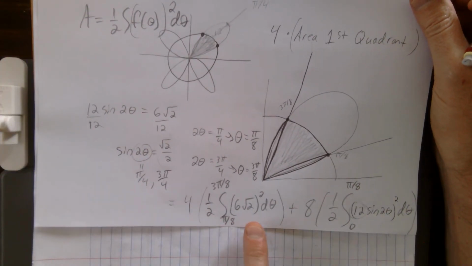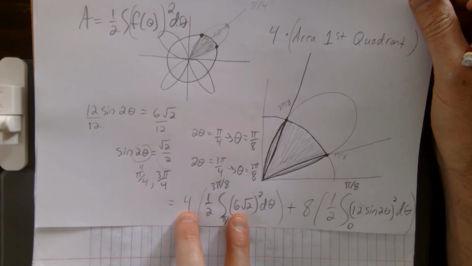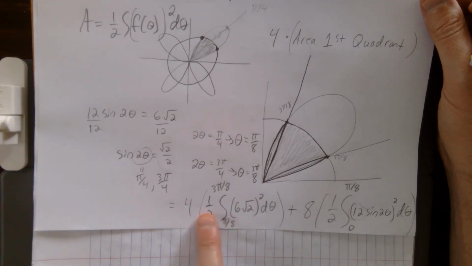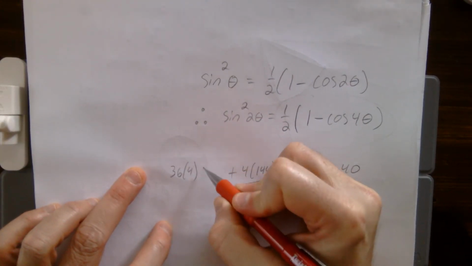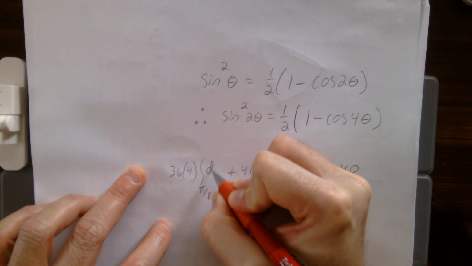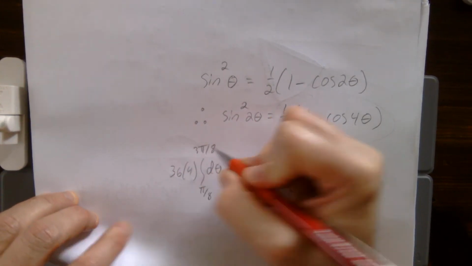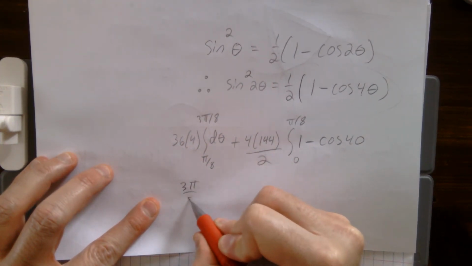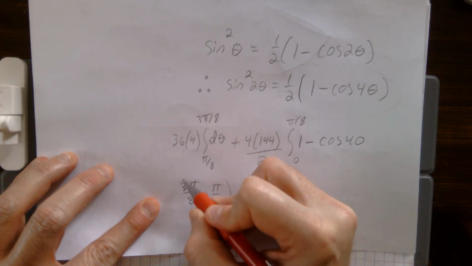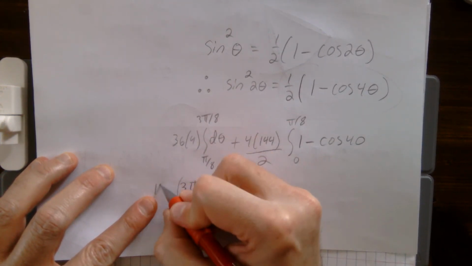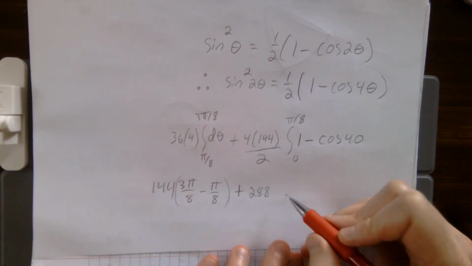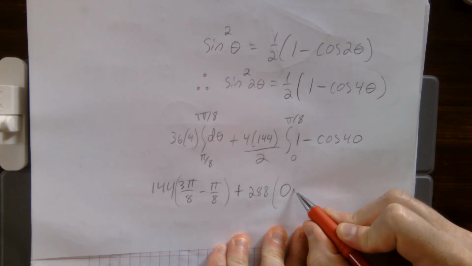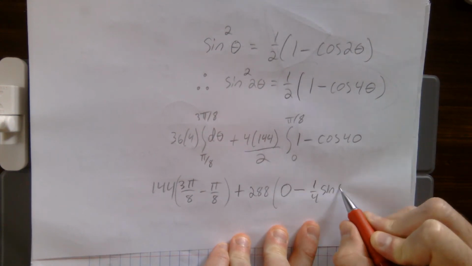And remember that first integral was just, 2 times 1/2 goes away, 36 times 4. Integral from pi over 8 to 3 pi over 8, which is just theta from pi over 8 to 3 pi over 8. Is that 144 and 288? And then integrating that, we'll get theta minus 1/4 sine 4 theta.